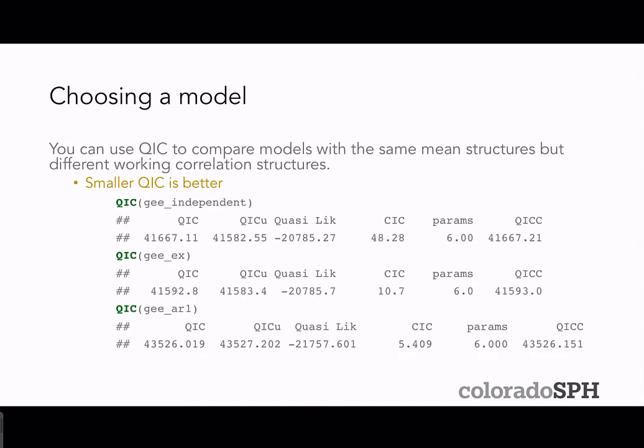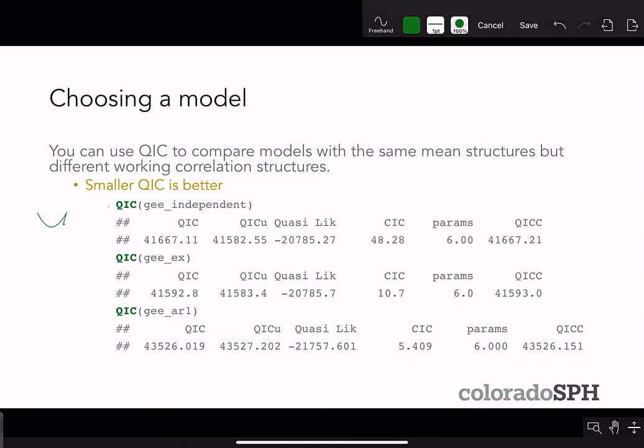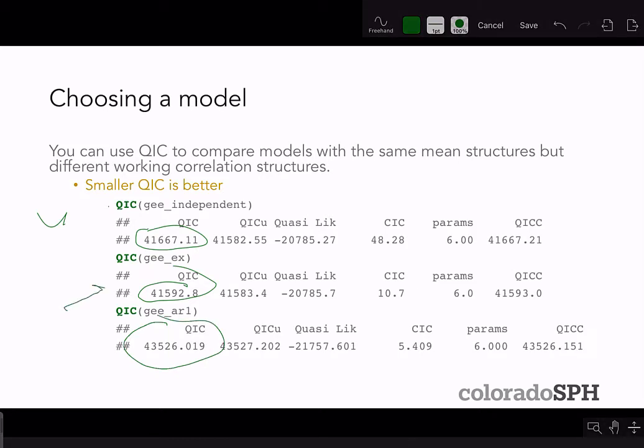Here you can use this to compare models with the same mean structures but different working correlation structures. The QICs are given by this QIC function. They're the first number that is printed out, and you can see that QIC is lowest for the exchangeable model, so we would go with that one.